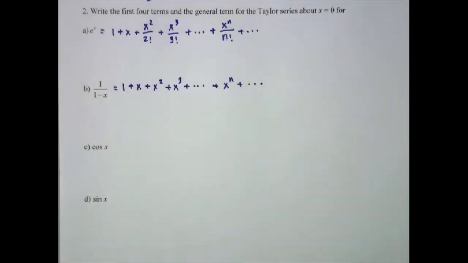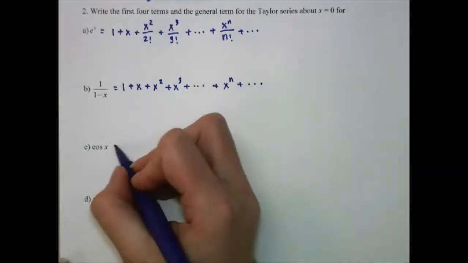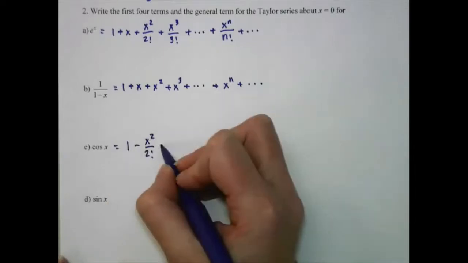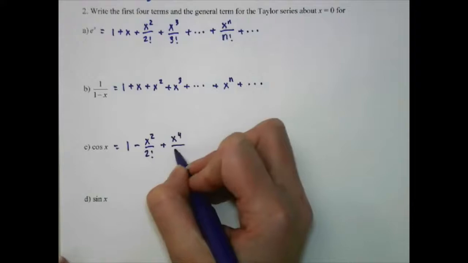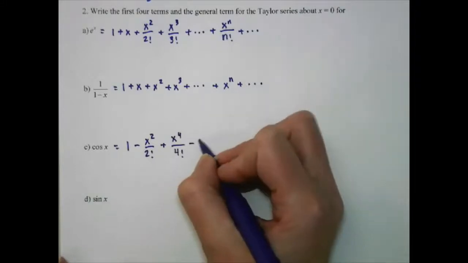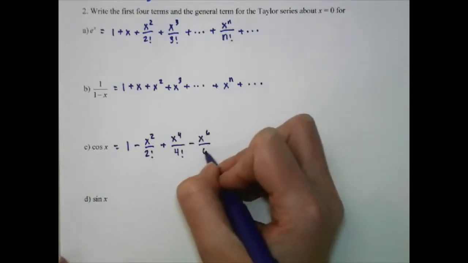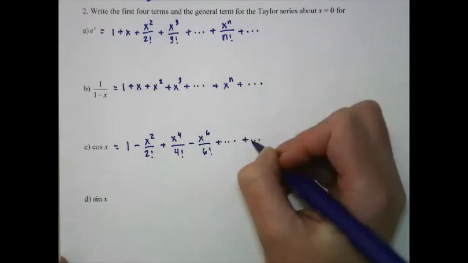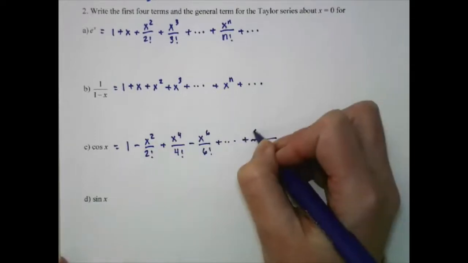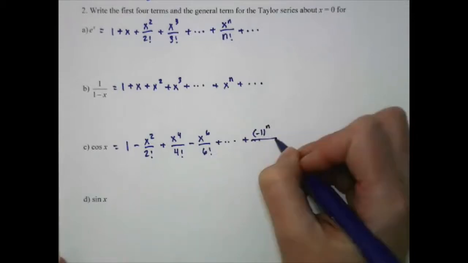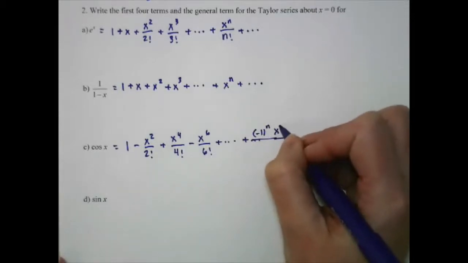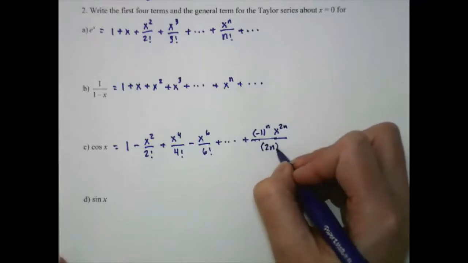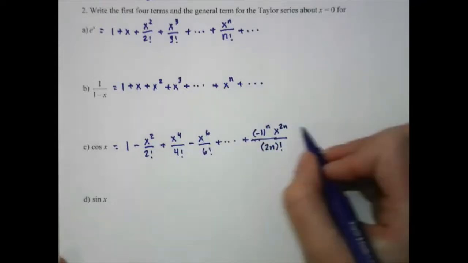Cosine is our even function. So this is going to be 1 minus x squared over 2 factorial plus x to the 4th over 4 factorial minus x to the 6th over 6 factorial, and so on. The general term here is -1 to the n, x to the 2n over 2n factorial.